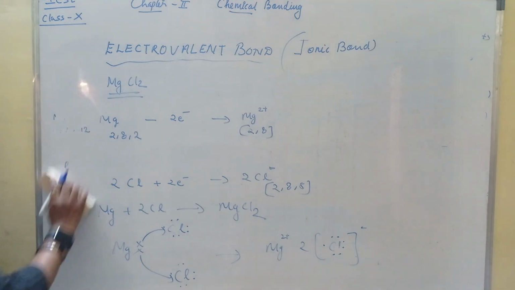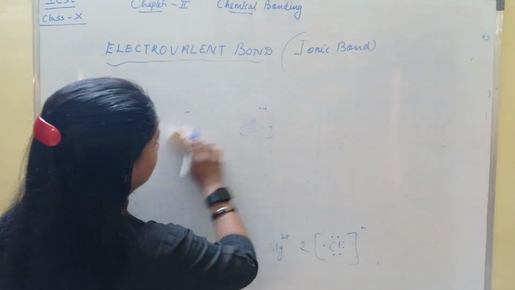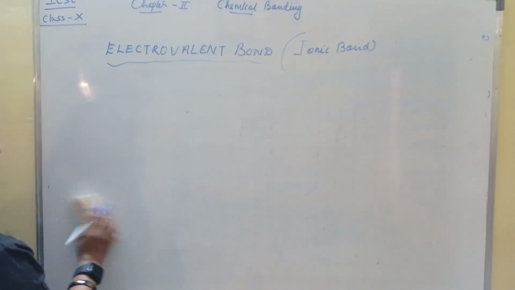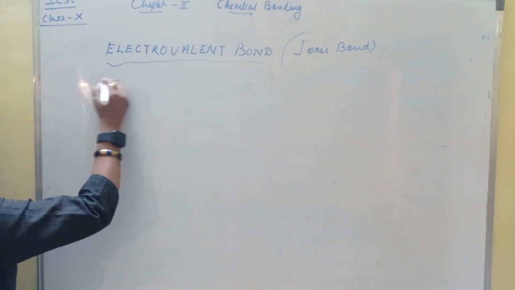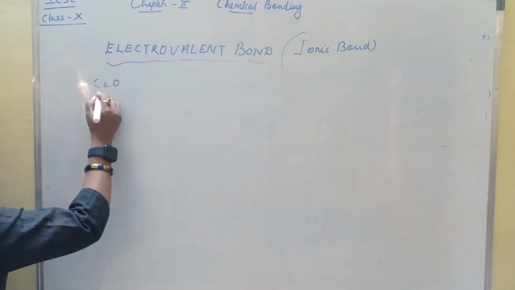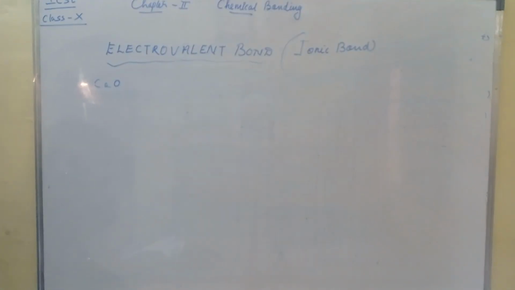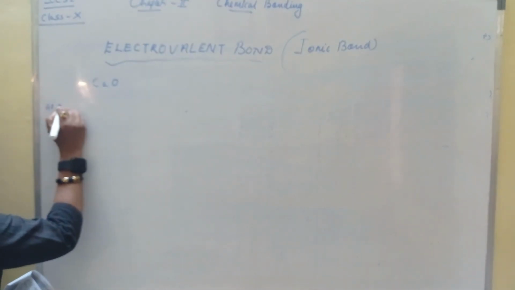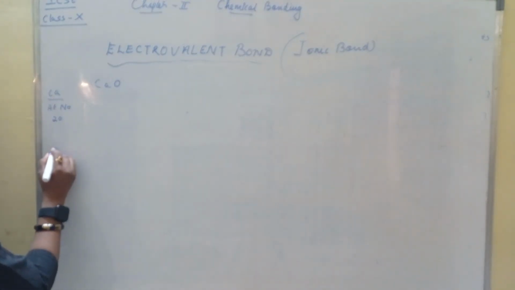Next we will see the example of calcium oxide. Next is calcium oxide. Calcium atomic number is 20 and oxygen 8.